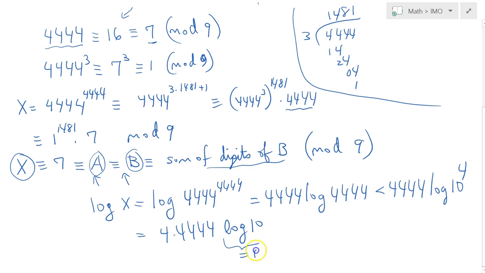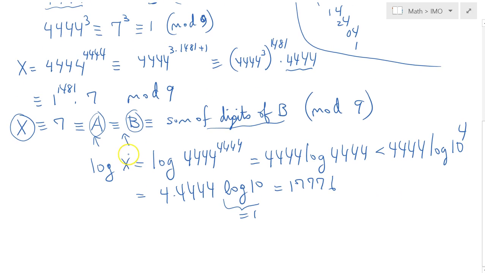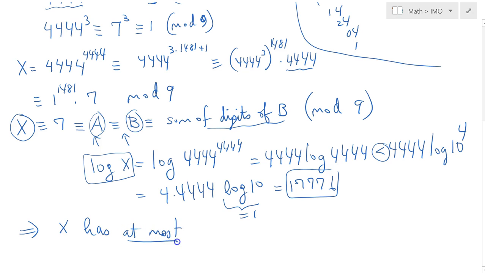So that's just equal to 1. So that number is just 17,776. So therefore, the logarithm of x is less than this number, recall the less than sign, implying that x has at most 17,776 digits.